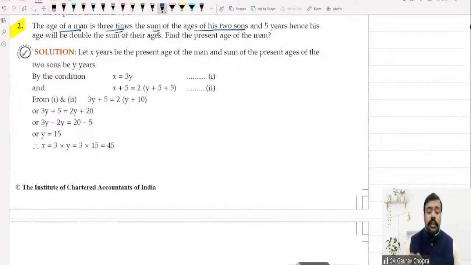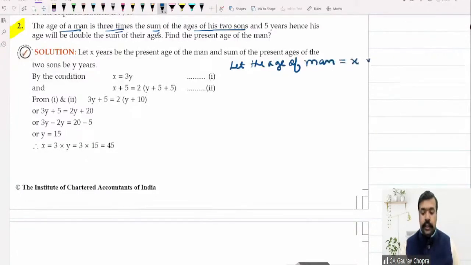Now, if we let the age of man as x, so let the age of man be x years, and let the sum of age of his 2 sons be y years.